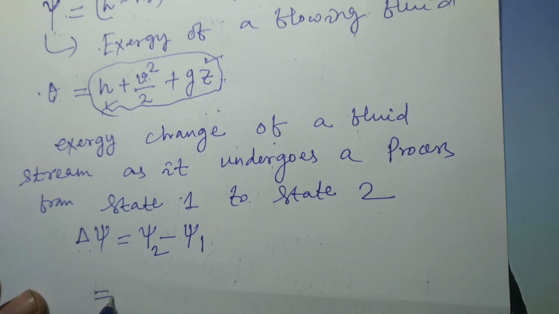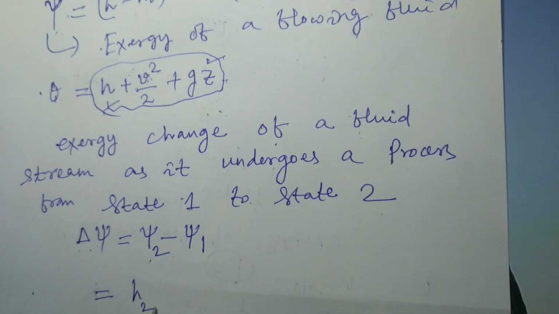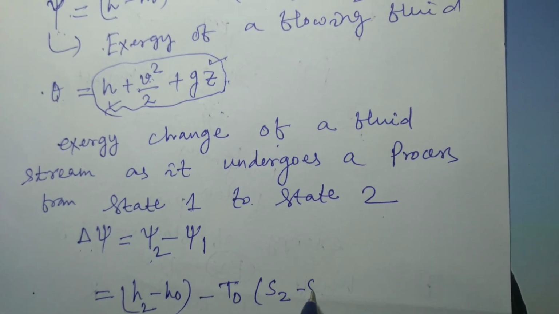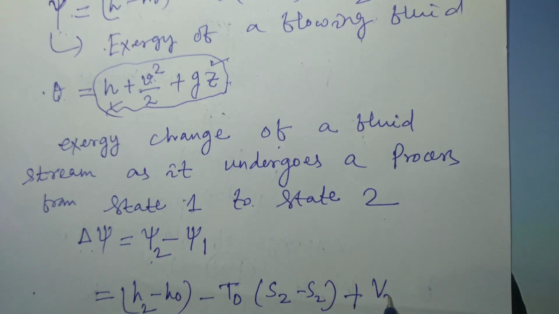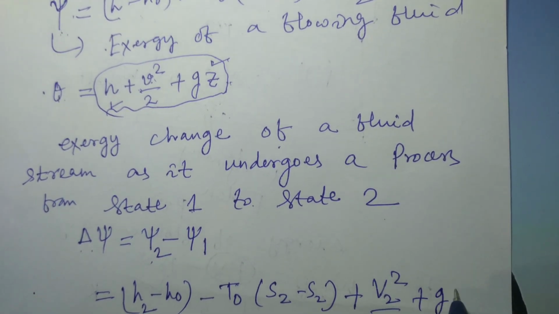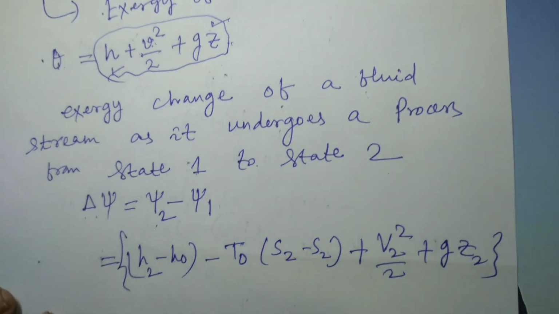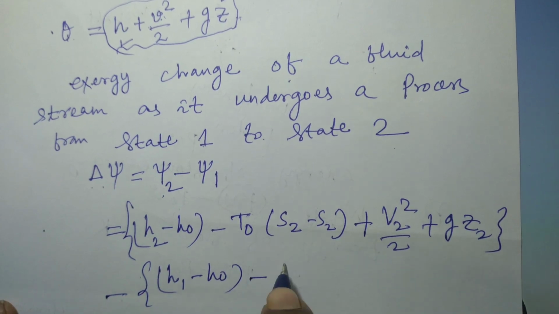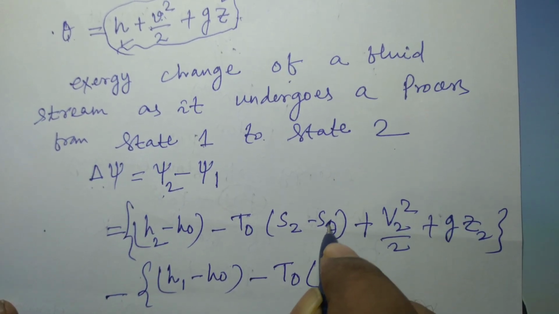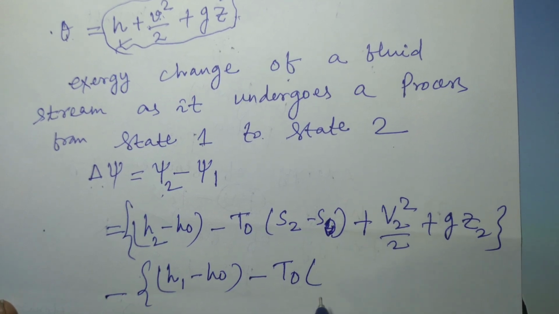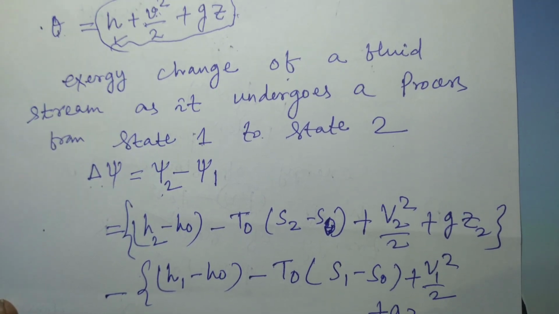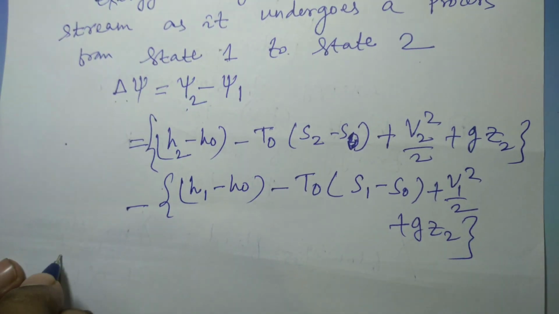Psi 2 will be h2 minus h0 minus T0 into s2 minus s0 plus V2 square by 2 plus gz2. This expression is for psi 2, and for psi 1 this will be h1 minus h0 minus T0 into s1 minus s0 plus V1 square by 2 plus gz1.